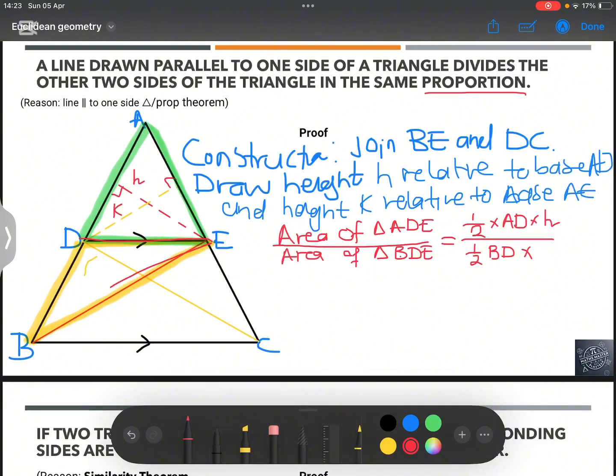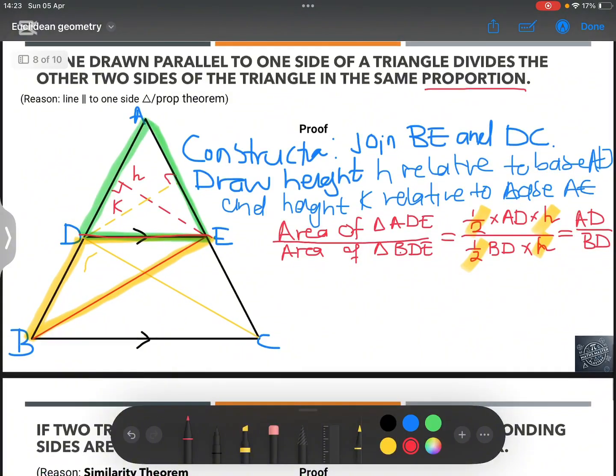This triangle contains a perpendicular height of H, right? Then we divide: half divided by half is 1, H divided by H is also 1. Then we have AD divided by BD.